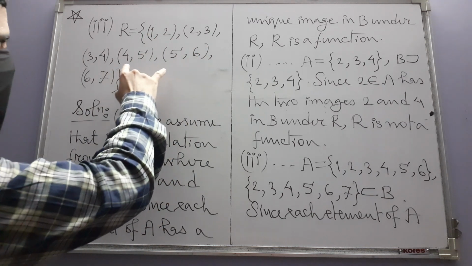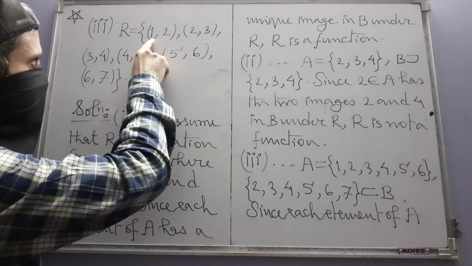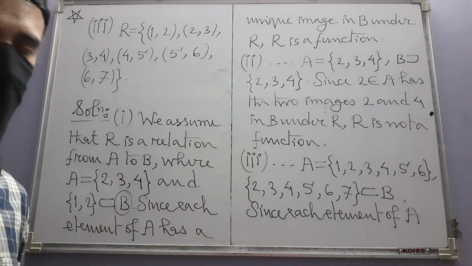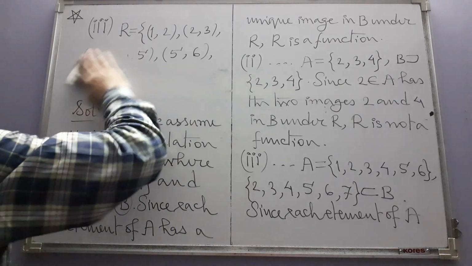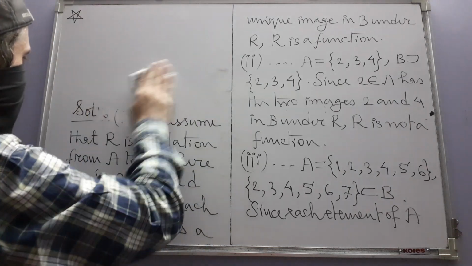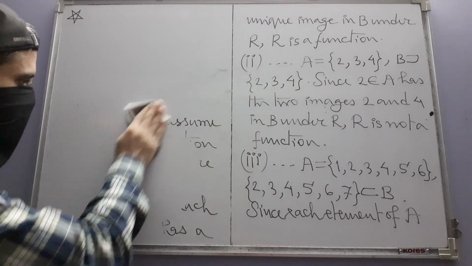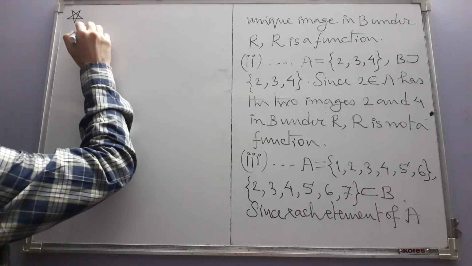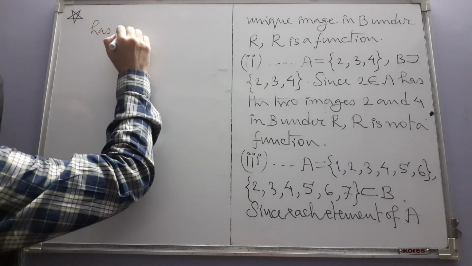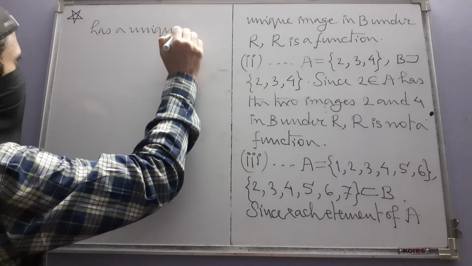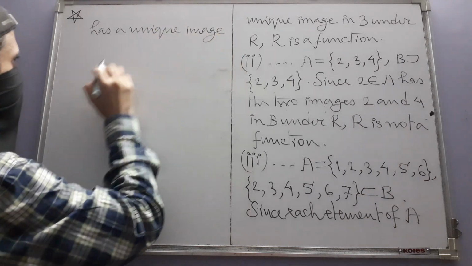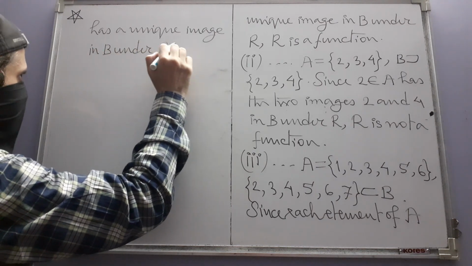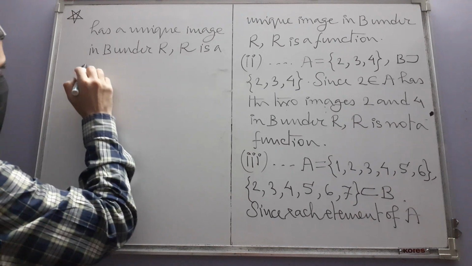In fact, in this case there is a pattern also. You just have to add 1 to the first component, and that gives you the second component. So that's why this relation is a function. Since each element of A has a unique image in B under R, R is a function.